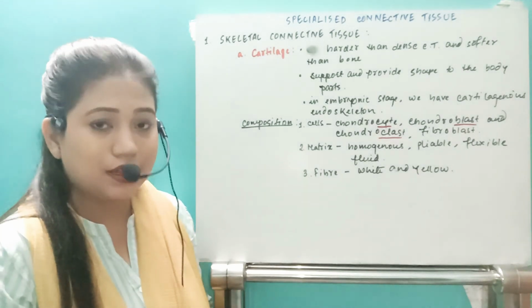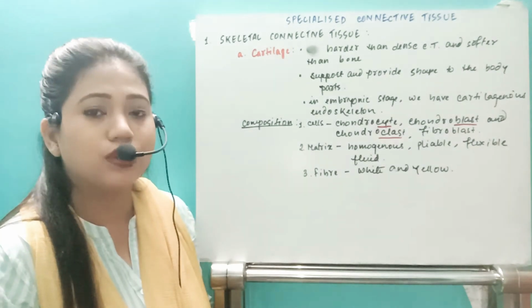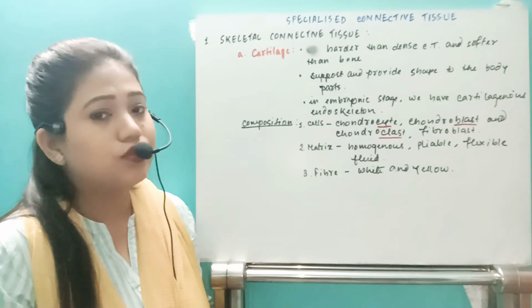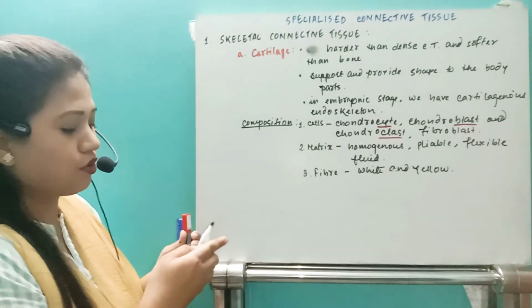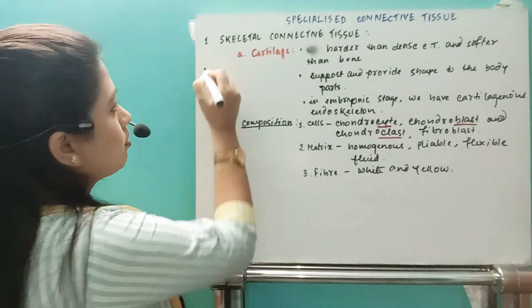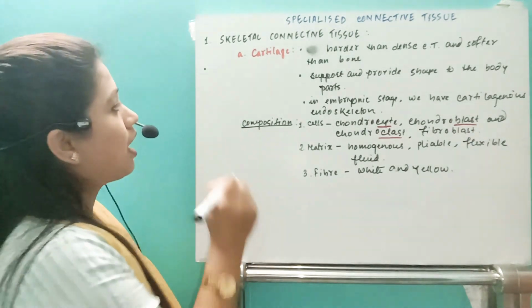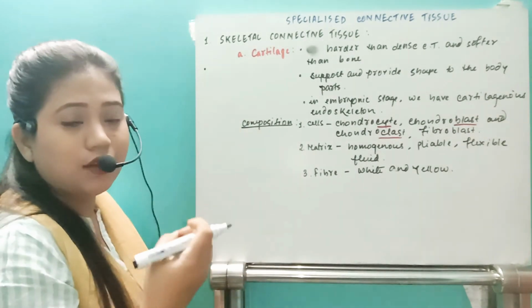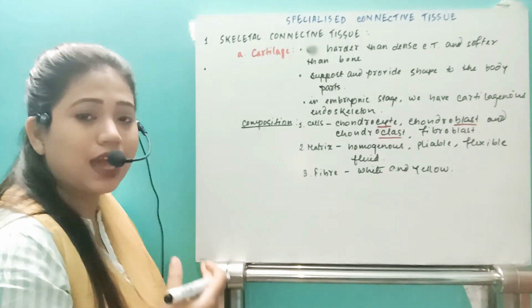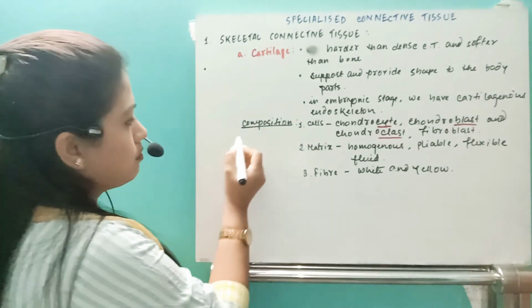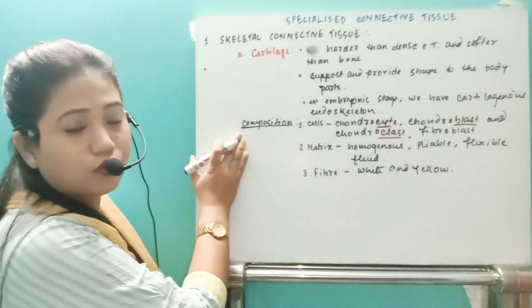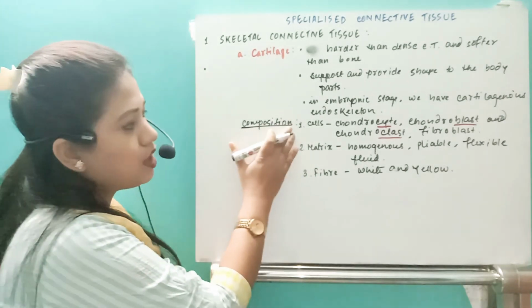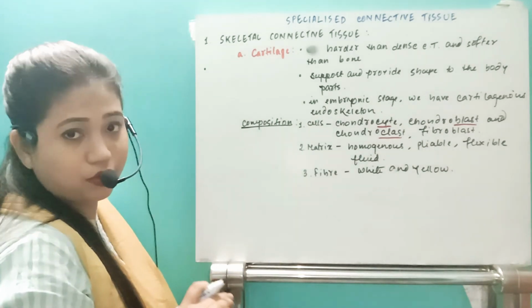We will see that later on. First of all, we have to know the structure. Also we should note some important points about the cartilage. If the cartilage has to grow, then it is unidirectional. That means suppose this is the cartilage, this point is not going to grow. It is restricted. Only in one direction it will grow, right?